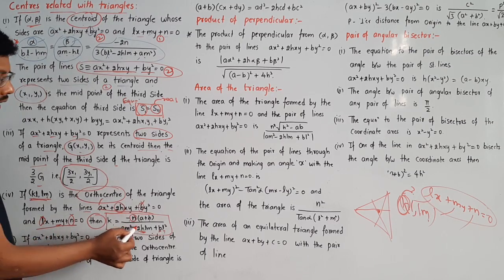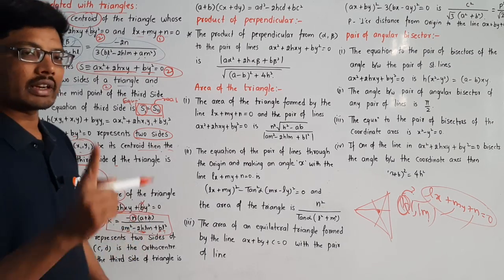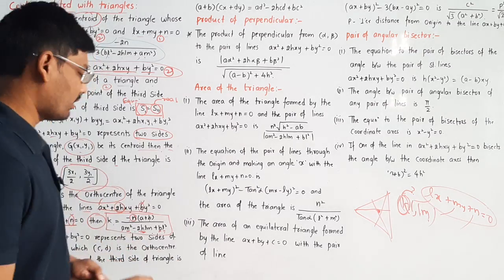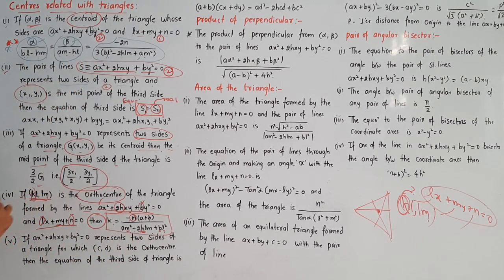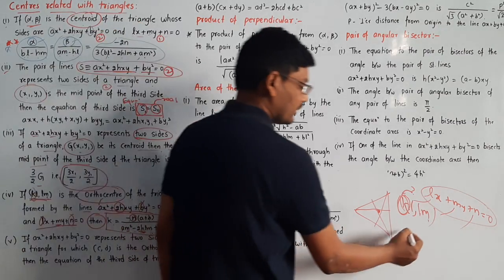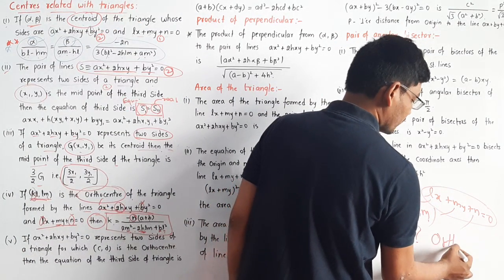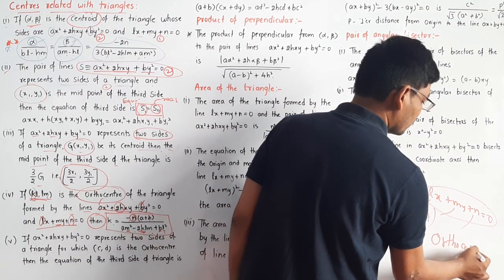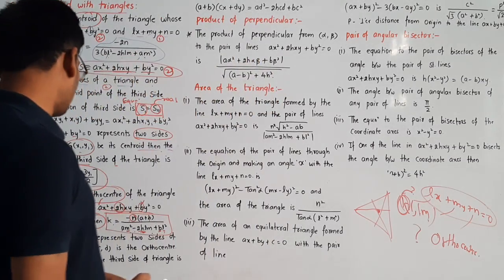You can substitute all the values in this expression, you will get the k value. After getting the k value, you can substitute here, then you can get the orthocenter. This is all about the fourth point.